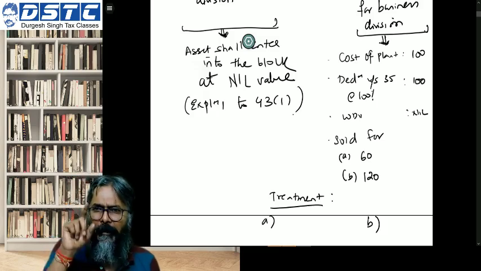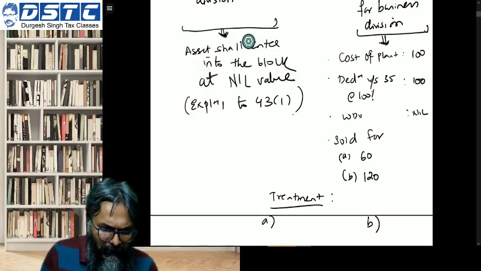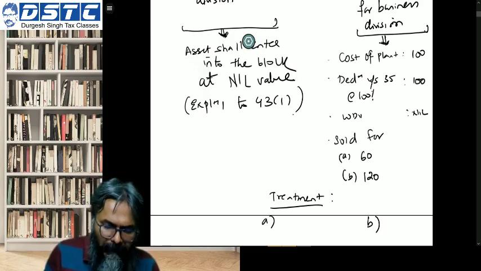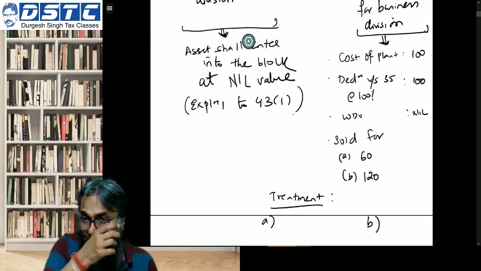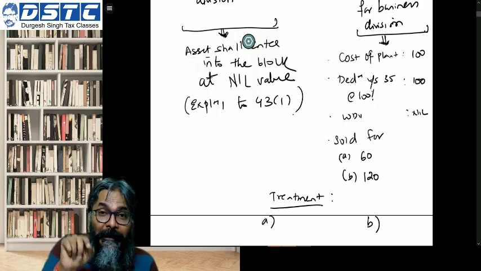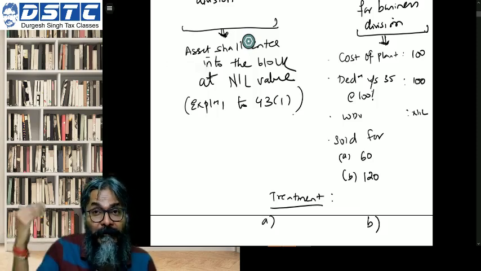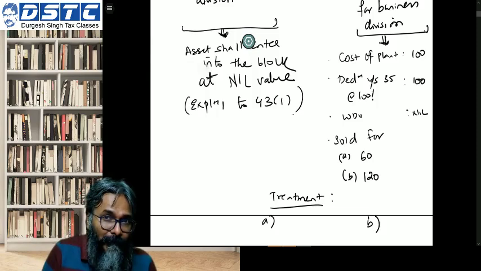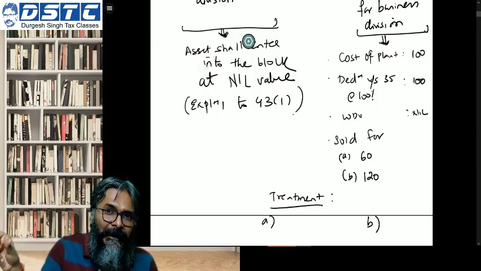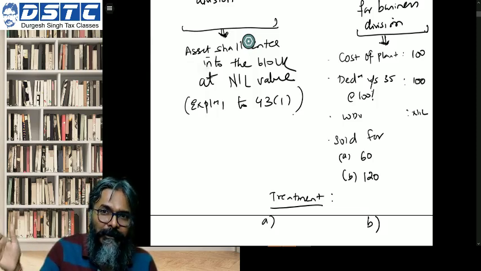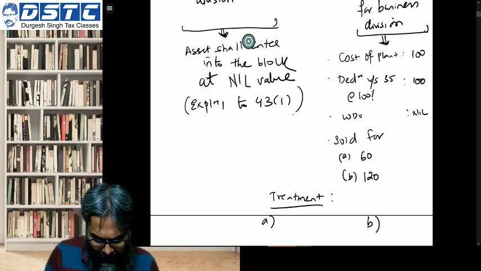Similarly, in point B, 120 is the gain. Why? Selling price 120 less cost, and the cost after deduction has become nil. So 120 will become the gain. The question is, under which head will this 120 go? Yes, Ajay. Chandana.